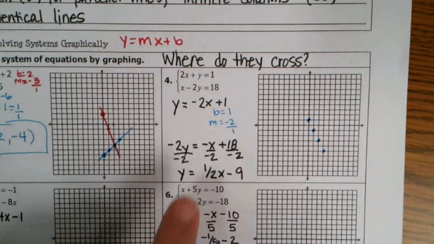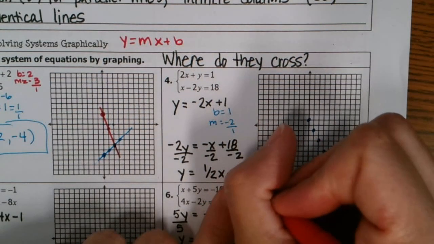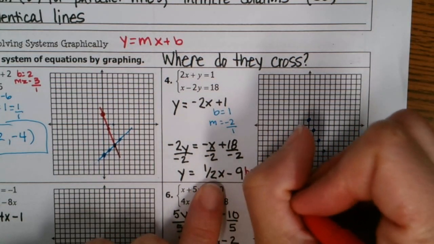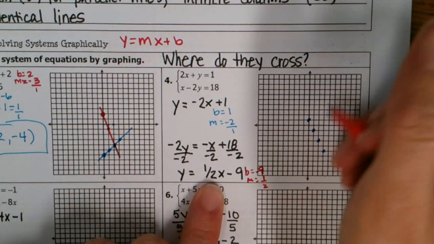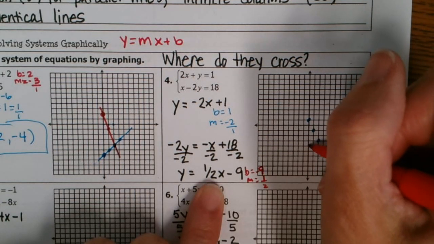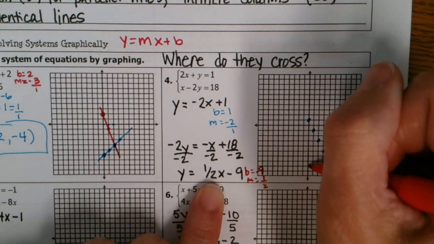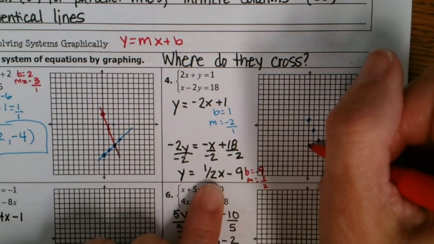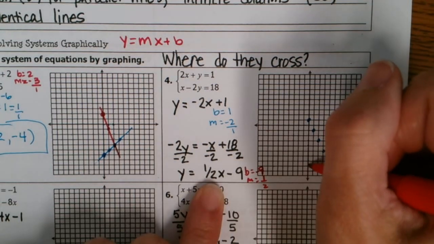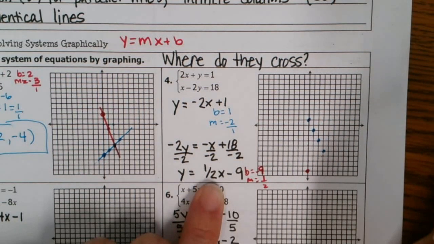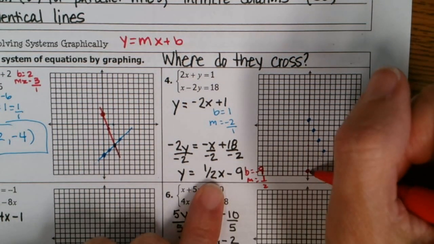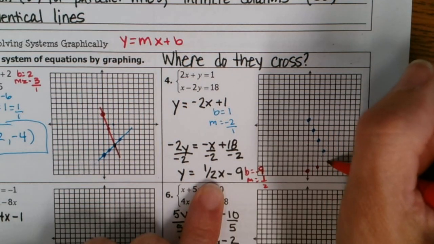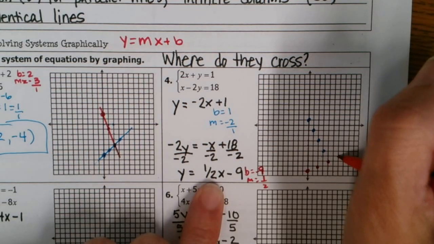The next one, I have a b of negative 9 and an m of 1/2. So 1, 2, 3, 4, 5, 6, 7, 8, oops, I miscounted. 1, 2, 3, 4, 5, 6, 7, 8, 9. That's my begin, and I go up 1 over 2, up 1 over 2, up 1 over 2.